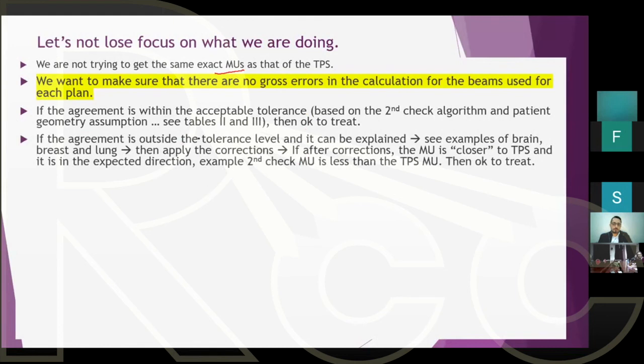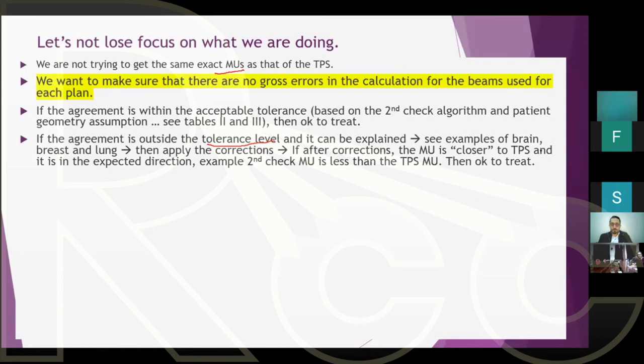If the agreement is outside tolerance, let's say your protocol says 5%, 5% is the maximum we will agree, then you have to find out why. And again, you have to remember that your second check method, is it assuming patient geometry or is it assuming a cube phantom? What does it do with air? What does it do with heterogeneities?